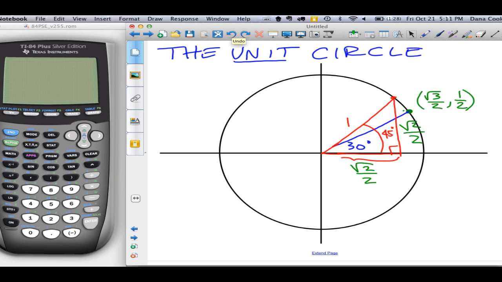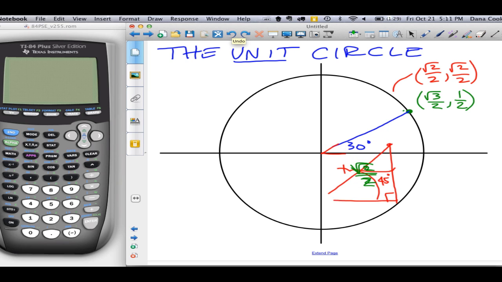And so what are the coordinates of the 45, 45, 90? We have more. So I'm going to remove these dimensions. I'm going to put the 45, 45, 90 back, but just in this form here.